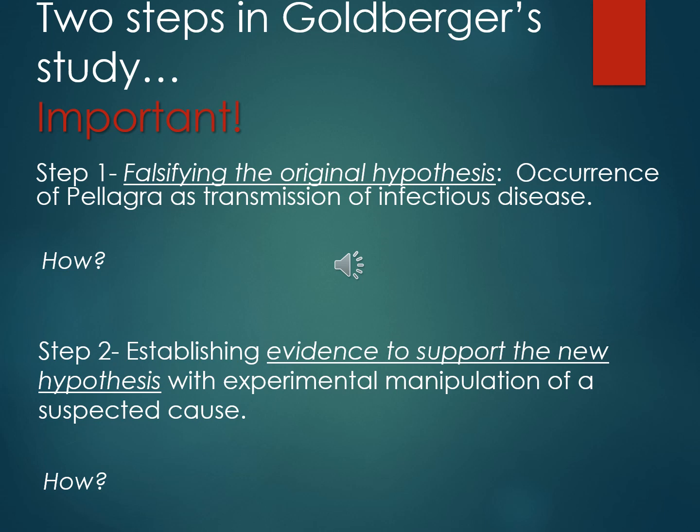As described in the previous slide, the prevalent view is that pellagra is caused by microorganisms through contagion. On the other hand, Goldberger has a different hypothesis: that pellagra is a problem due to diet, a poor, low-protein diet.